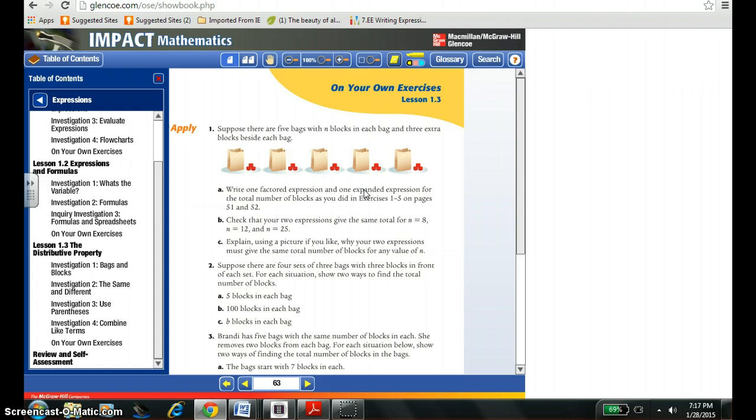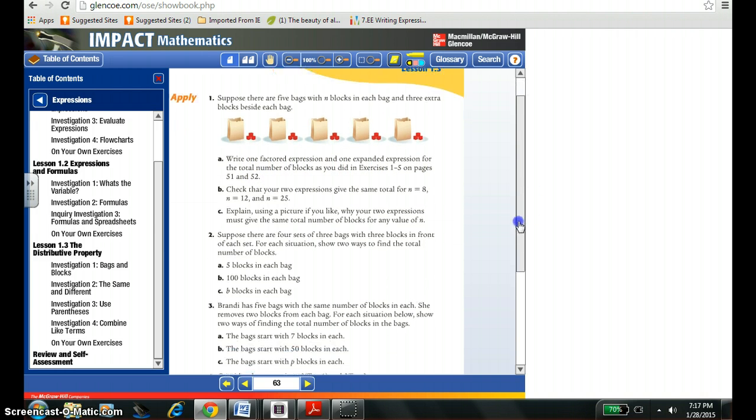If we think back to Sona and Omar, I think factored would be Sona's, because she's figuring out adding these together first, then multiplying, and expanded would be Omar's, where he's taking all the bags plus all the blocks. And you can start thinking about why it's called expanded and factored. Have something for me when I talk to you on Friday about that.